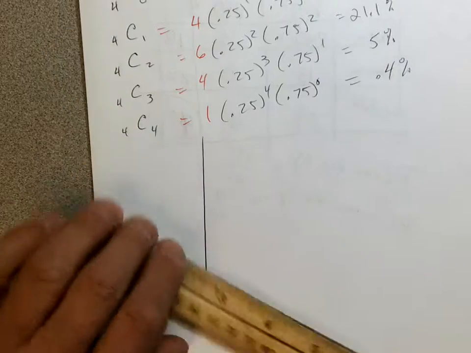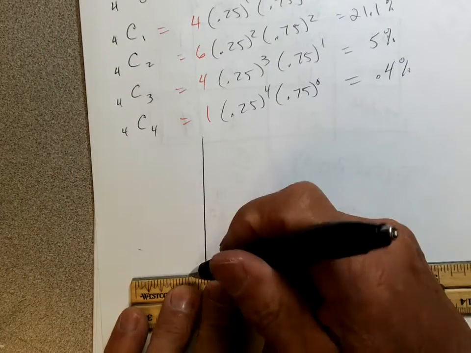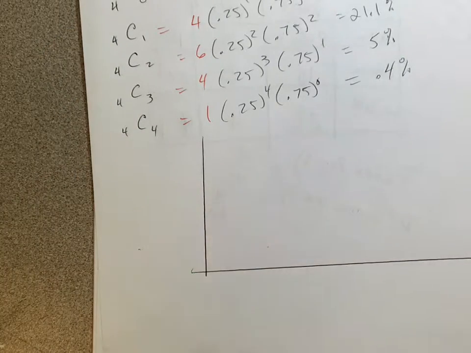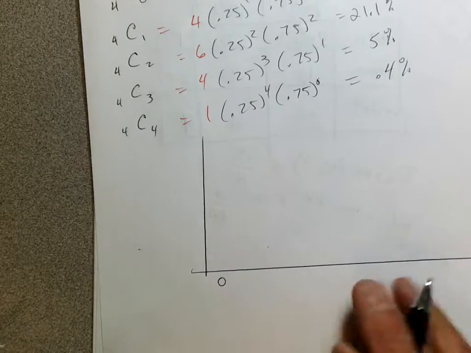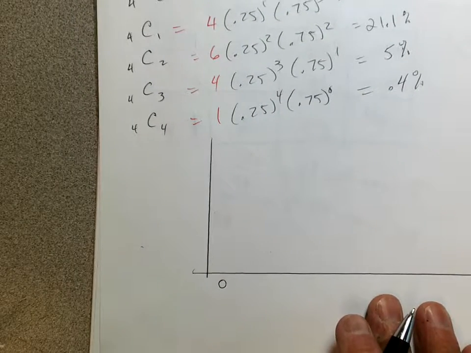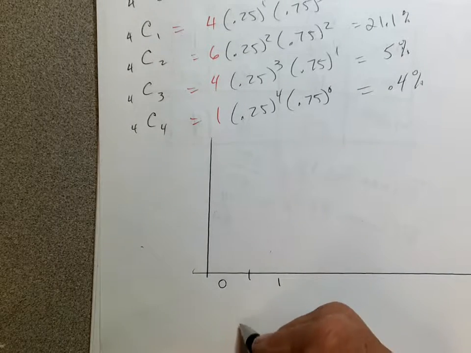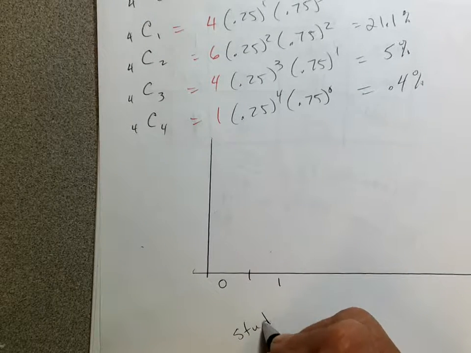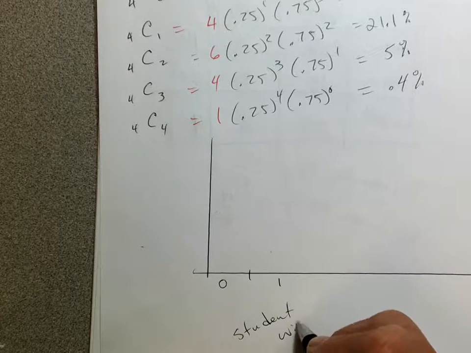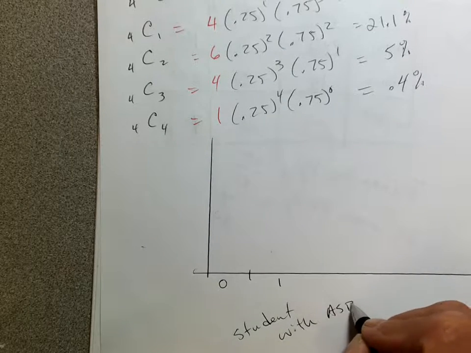I know in my histogram, I have a possibility that 0 kids have an ASB. 1 kid could have an ASB.